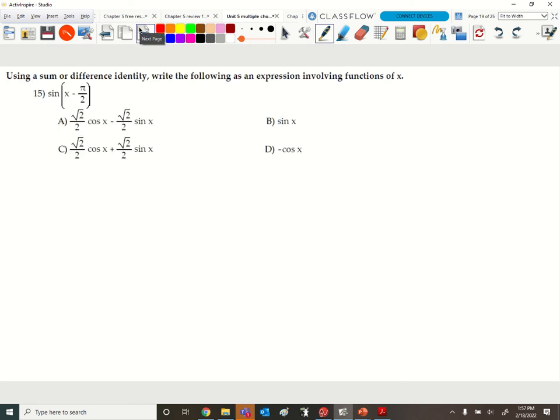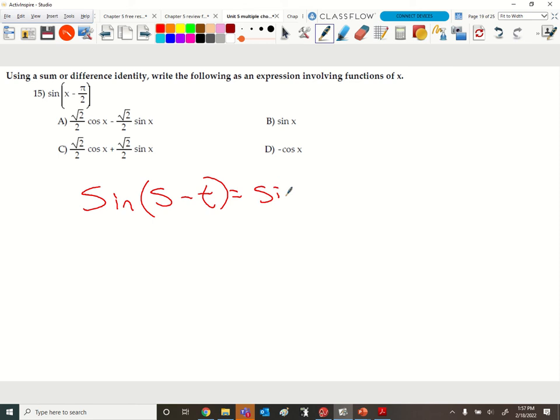So it says sine of x minus pi over 2. So x minus pi over 2, that's going to be, nope, s minus t, right? Because in between there's a minus sign. Correct. Okay, good. So let's do that one.